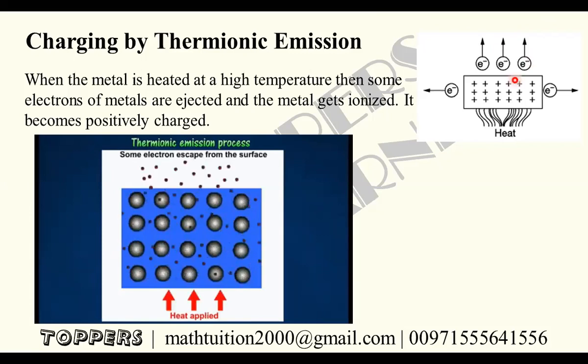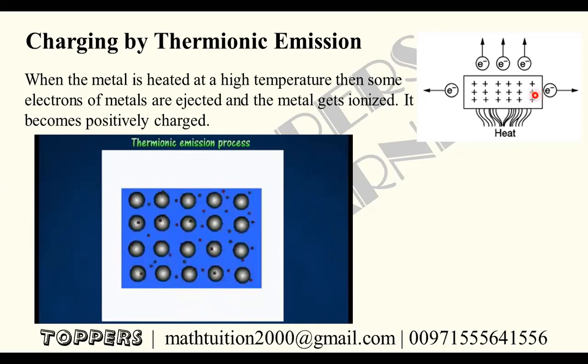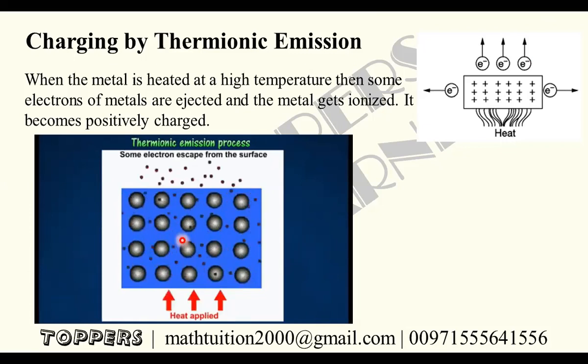So there will be a deficiency of electrons. So we can say this object has a positive charge. It means ionized, charged. See here, heating. So free electrons are emitted, the thermionic emission process is taking place. So since there is a deficiency of electrons, this object will be positively charged. Clear, right?